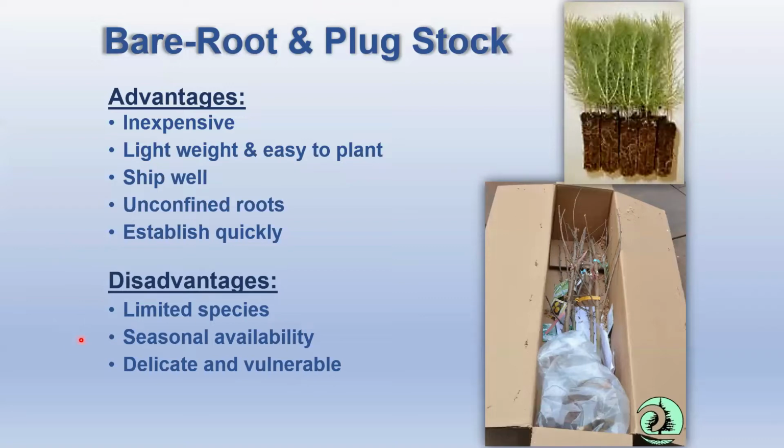Not every species can handle being bare root or being grown in a small little container like this, and they're seasonally available. Like I said, the bare root plants are dug out of the ground when they are in dormancy, so you have to plant them in December, January, February time.